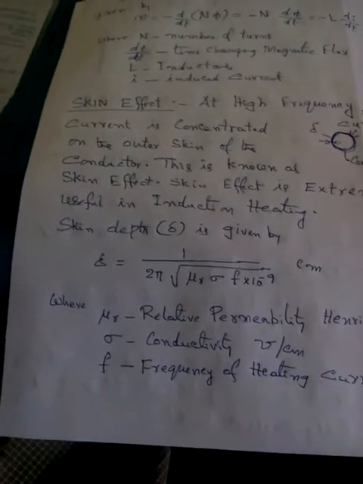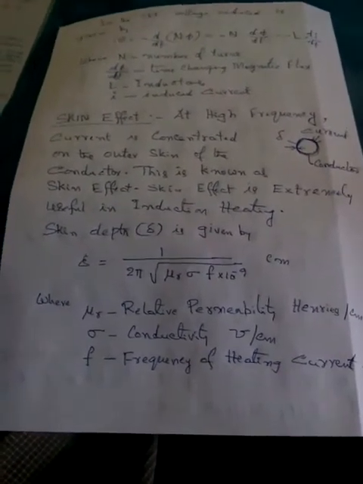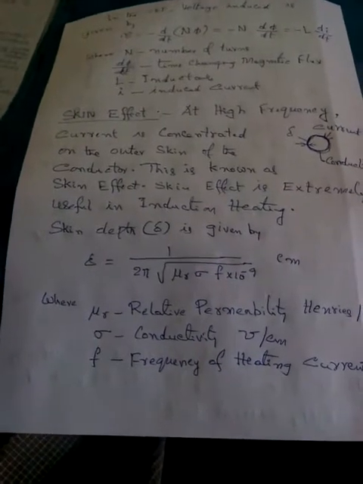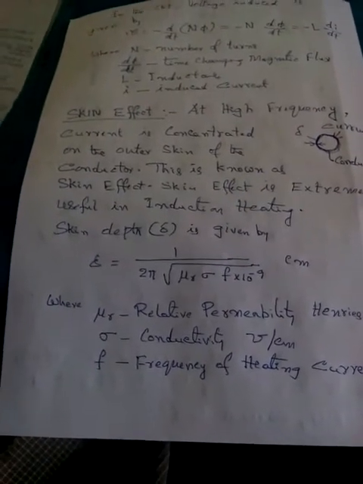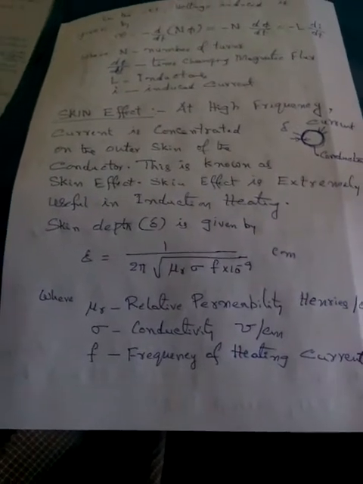So how much depth it goes depends on three factors: relative permeability of the conductor, sigma, conductivity of the conductor, and frequency of the heating current source.